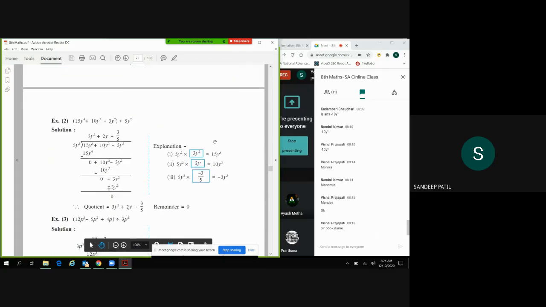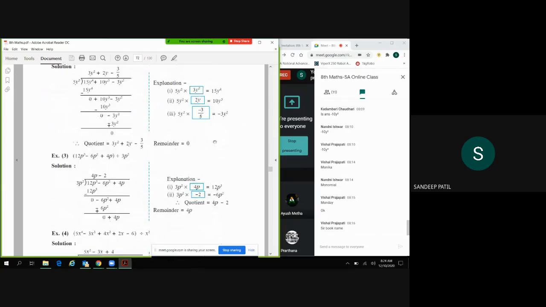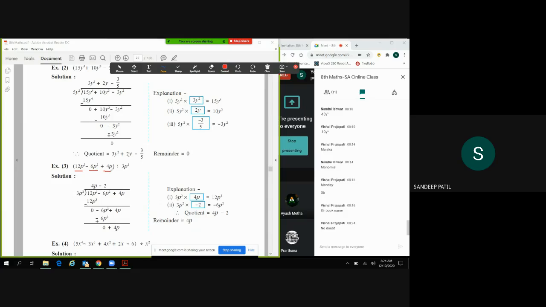If you're following, that's good. If you have any question, please write in the chat box. So we will carry out exercise 3 again. Here we have 12p cube minus 6p square plus 4p divided by 3p square.